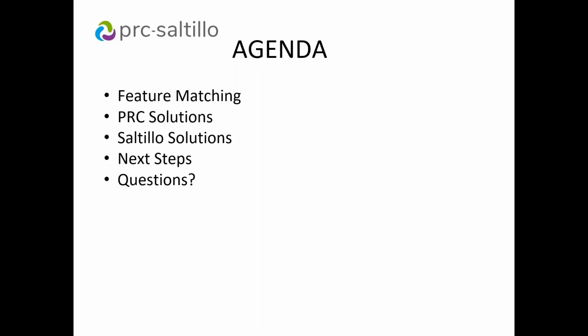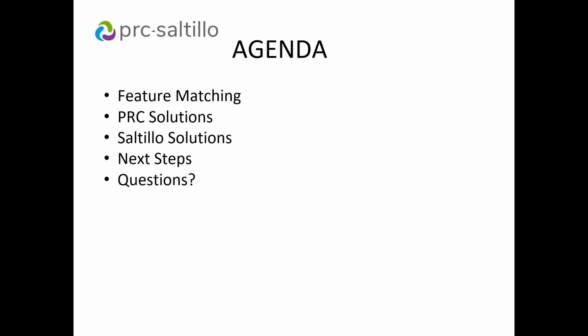We always like to start off with our agenda for the day. So we're going to talk about that feature matching, which others have mentioned. Once we go through the feature matching and kind of a tool to help you sum up everything we've covered in the consideration process and assessment, Megan's going to share information about looking at our case study guide, Max, and what PRC solutions might match his needs based on those features we're looking for.